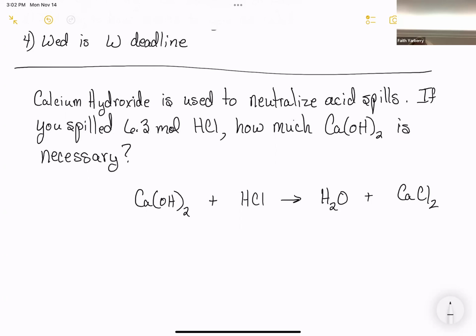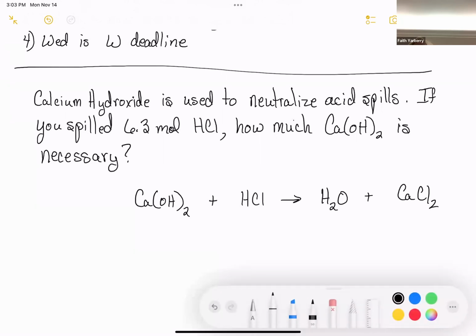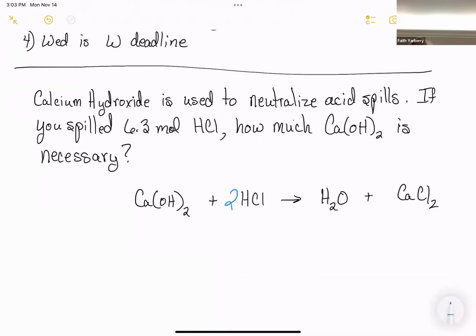Again, you see a chemical reaction, your first thought should be, is it balanced? If not, I need to balance it. In this particular case, this is not balanced. To balance this chemical reaction, you will need 2 of the hydrochloric acids and you will obtain 2 of the waters.